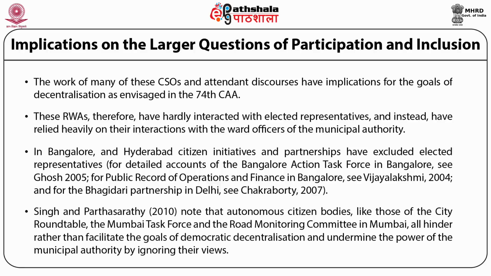Bitti Singh and Parthasarathi note that autonomous citizen bodies like those in the City Roundtable, the Mumbai Task Force and the Road Monitoring Committee in Mumbai all hinder rather than facilitate the goals of democratic decentralization and undermine the power of municipal authority by ignoring their views.